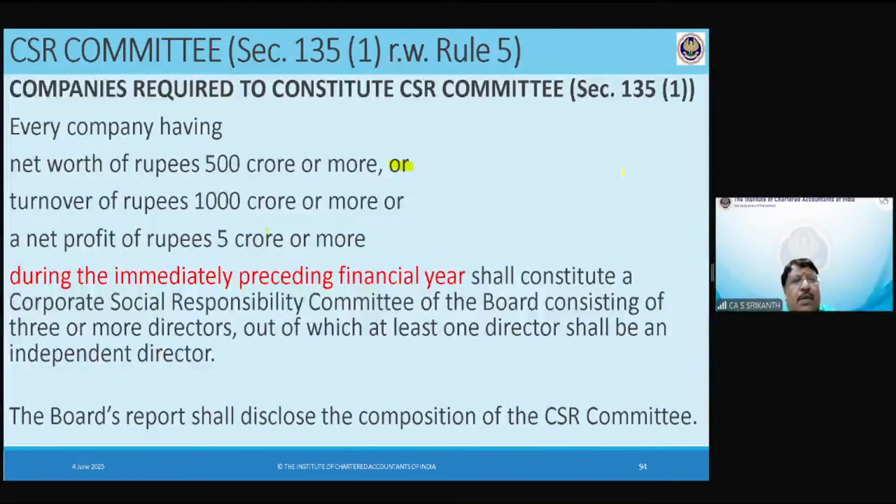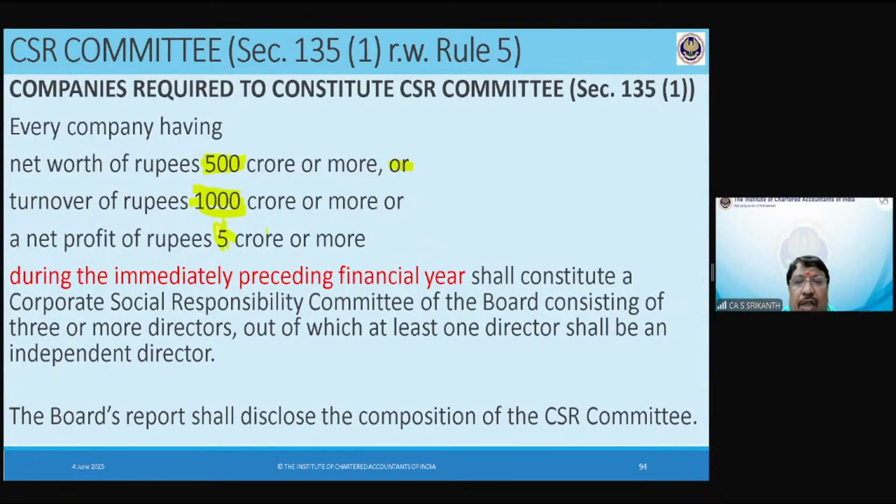Okay, please. So every company having net worth 500 crore or more, turnover 1,000 crore or more. Actually, you can remember it from NFRA also. These were two conditions there also. Turnover 1,000 crore, 500 crore, net profit of 5 crore. 5 crore net profit.